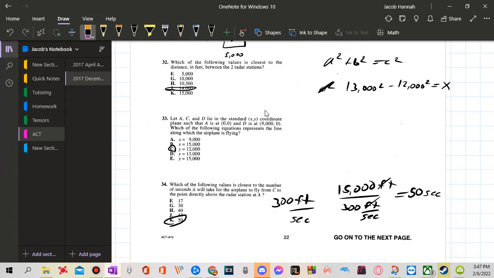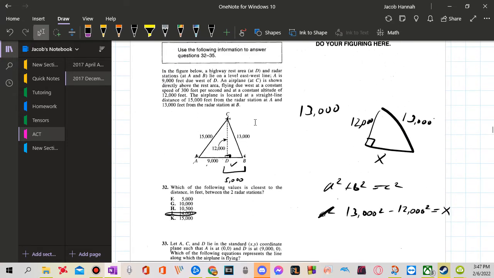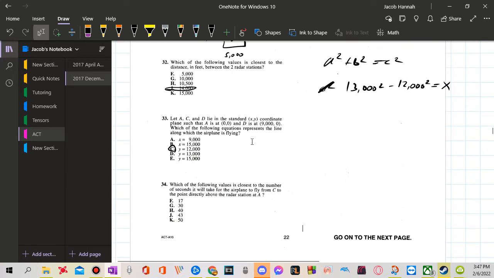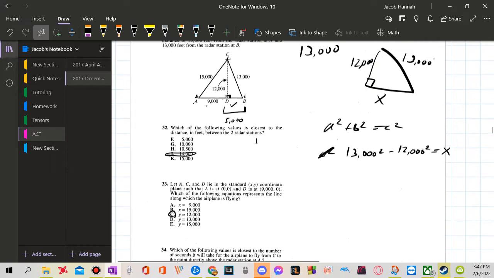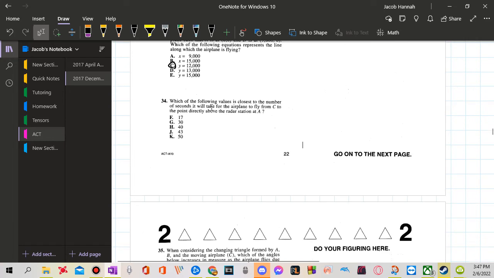That's not right. If the airplane at C is directly above D, and it's got to go to A, then the distance from D to A is 9,000.